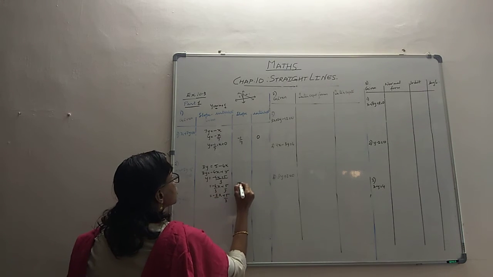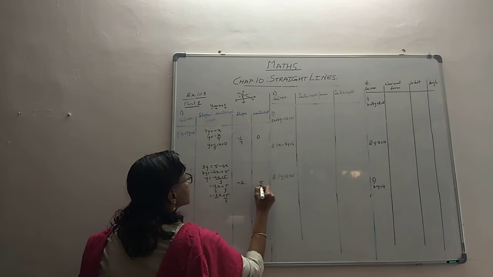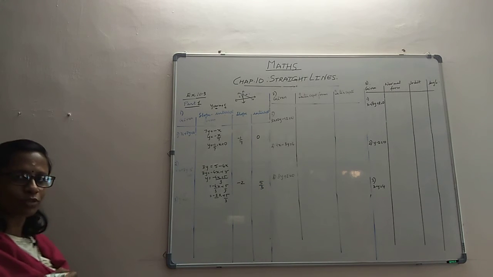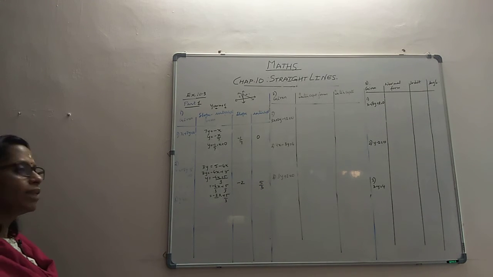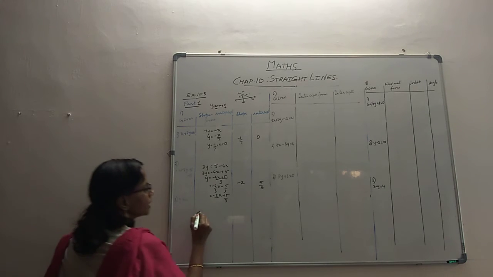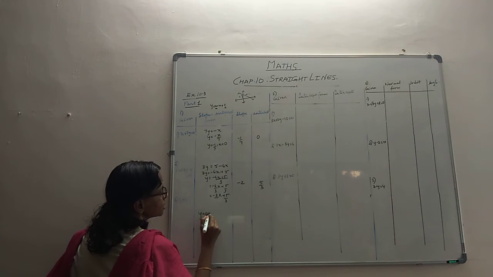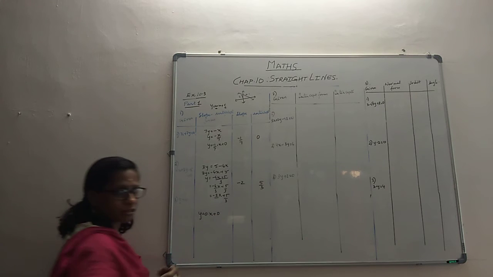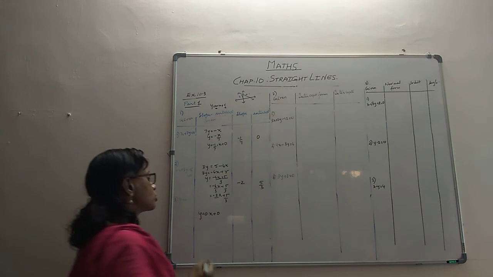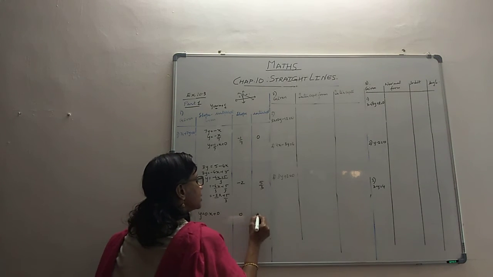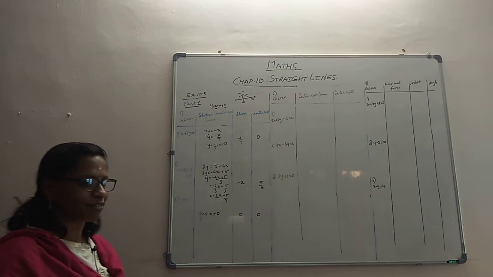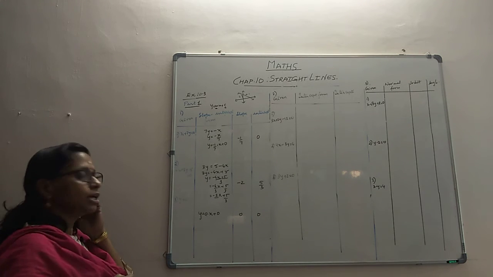That way the slope is minus 2 and the intercept is 5 by 3. That's what they ask us. Then y equal to 0, quite good. Y equal to 0 is as good as writing 0 into x plus 0 if you want. It's the same. So the slope will be 0 and the intercept is also 0. You can have it that way. So that's about question number 1.